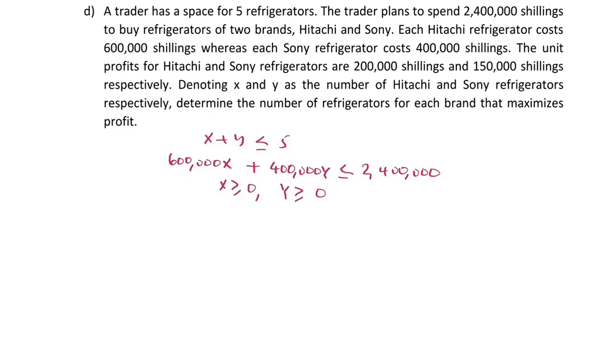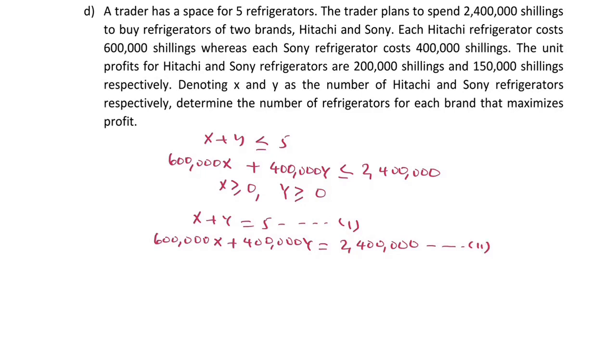From the inequalities we have, we are now going to define the boundary lines. Our first line is X plus Y equals 5, which we call equation number 1. Our second line is 600,000 X plus 400,000 Y equals 2.4 million, and we call this equation number 2.